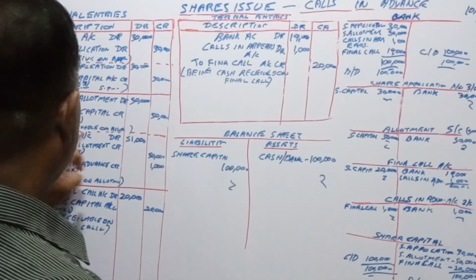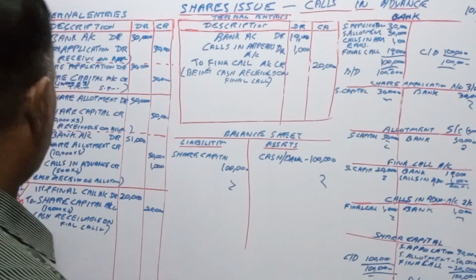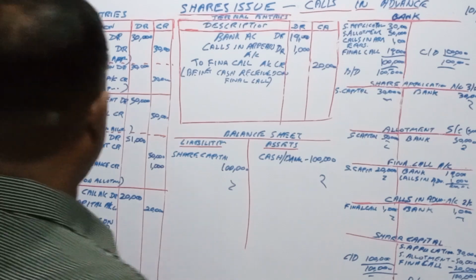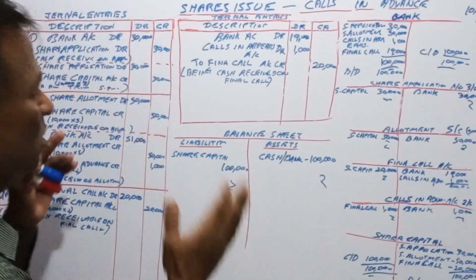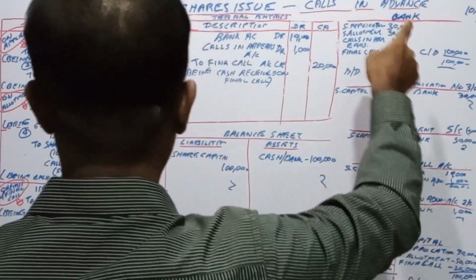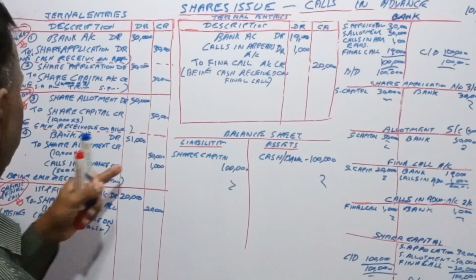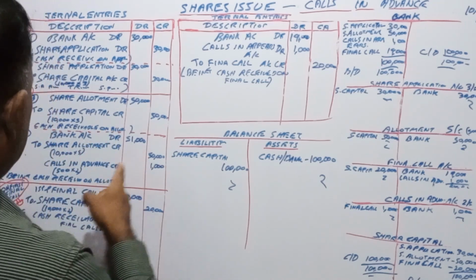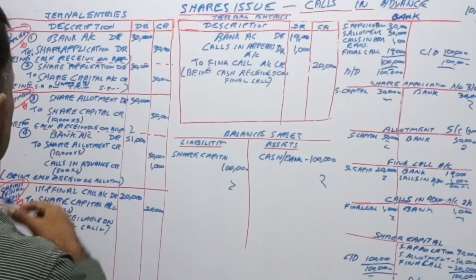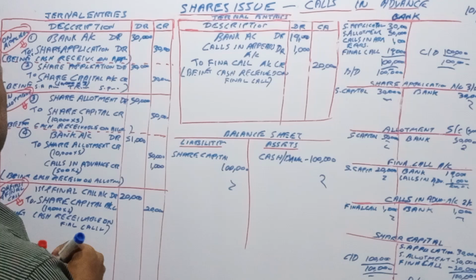Bank account debit 51,000, that is for the whole amount. Whatever money you receive, you have to debit it to the cash account. And share allotment account, you have to transfer 10,000 into 5 plus 500 into 2.